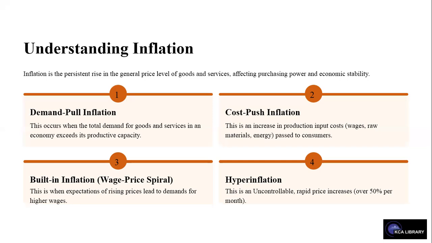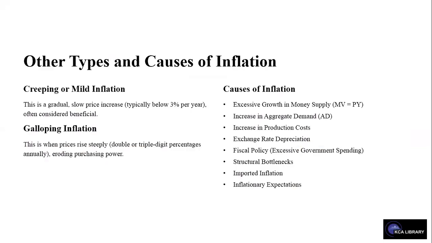You also have built-in inflation, which can also be a wage-price spiral, and this is when the expectation of rising prices leads to demand for higher wages. We have hyperinflation, which is an uncontrollable, rapid price increase, over 50% per month.